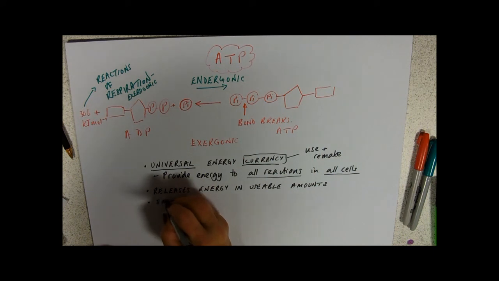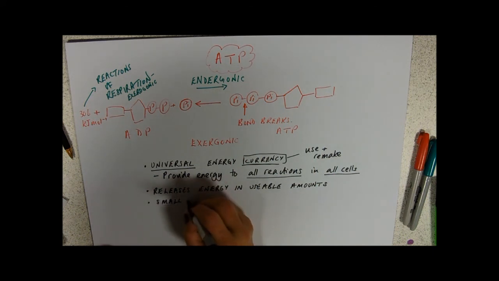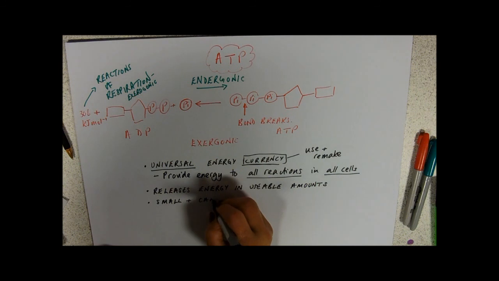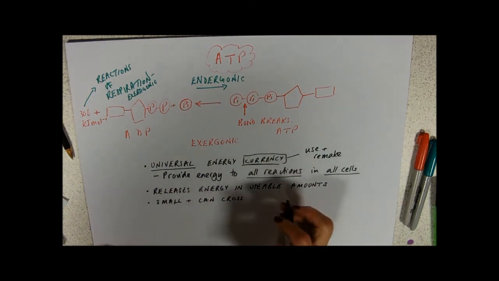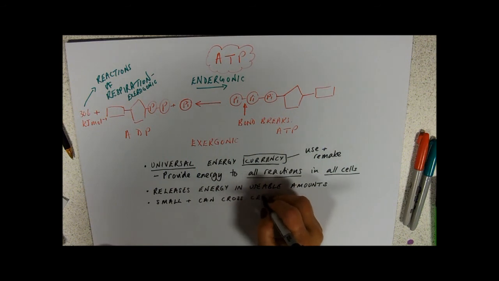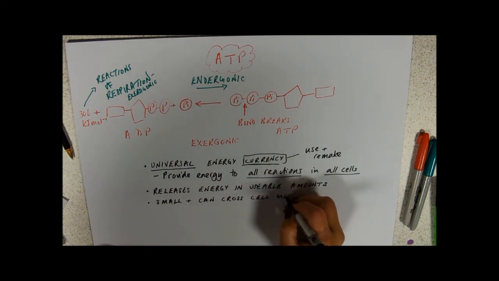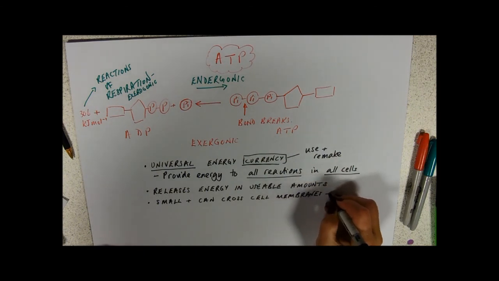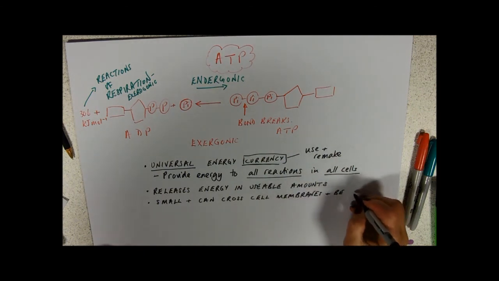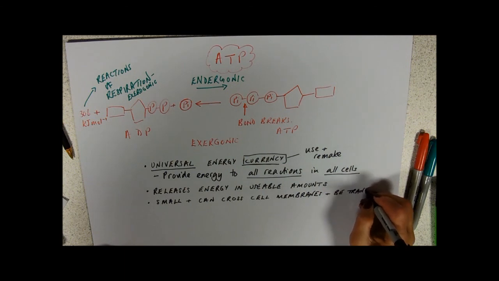It is small and can cross cell membranes. Now that's handy because obviously it's being made inside mitochondria, it's got to get out and into the cell, so it can cross cell membranes and be transported around the cell to where it's needed.